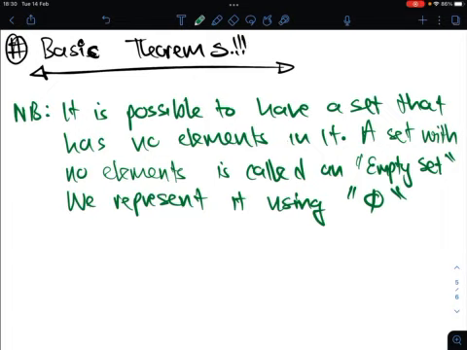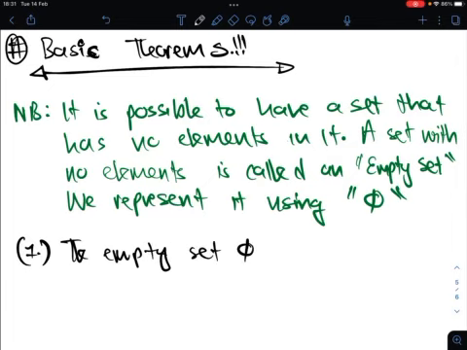It's good to be aware of this particular set, because one of the theorems that I want to state has something to do with it, and it goes as follows. The first theorem is that the empty set is a subset of any set.